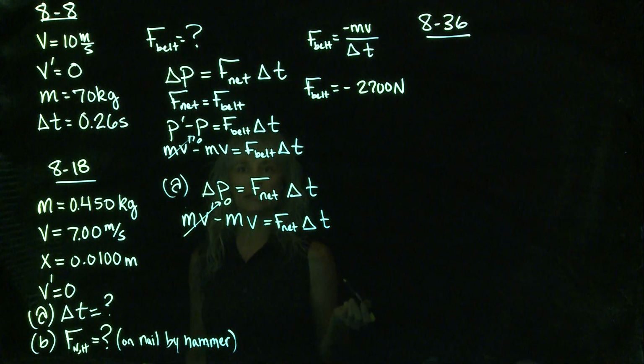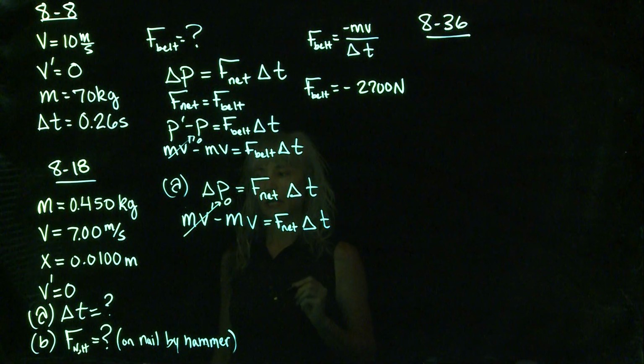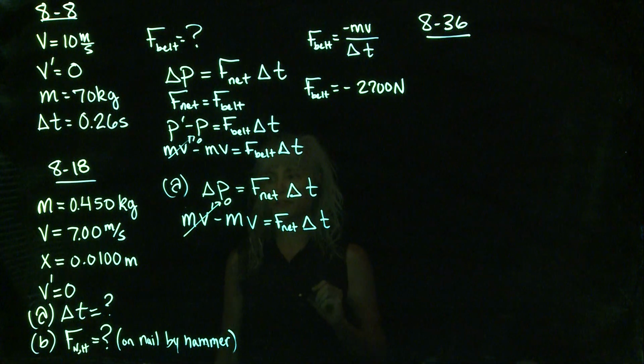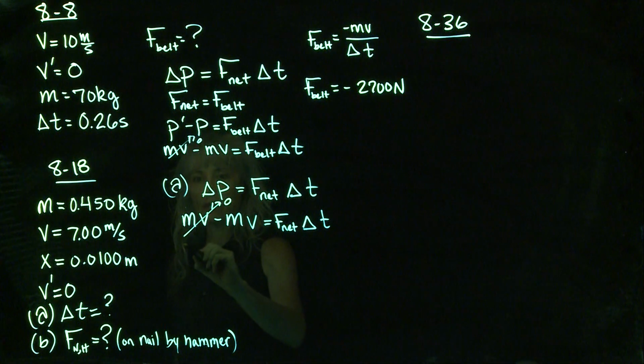So we're going to need to find another relationship that we have looked at in previous lectures and previous chapters to see how we can find the amount of time that it took to travel this distance of 0.0100 meters. So let's look at this quantity called work that we looked at some time ago.